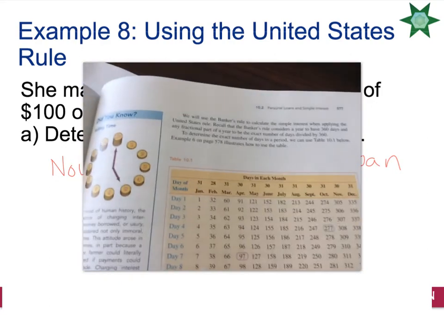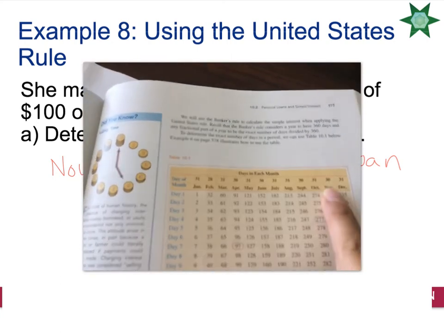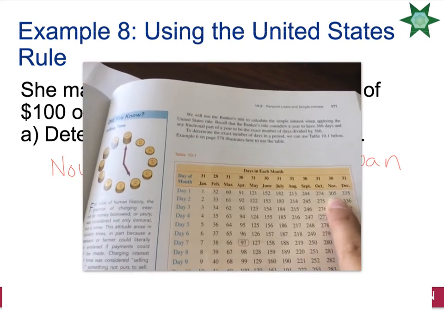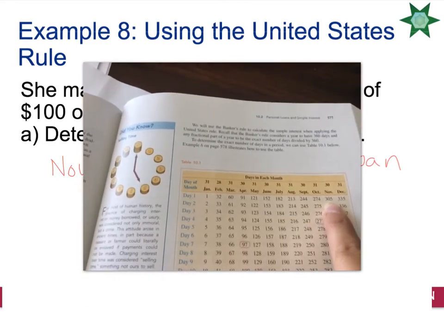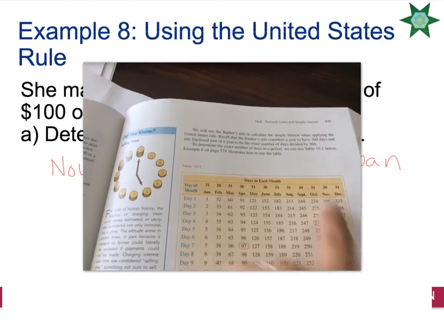I'm going to go to my November column, which is way over here on the right, and look at day 1. Day 1 is 305. Now I need to take 305 and add 120 to it.